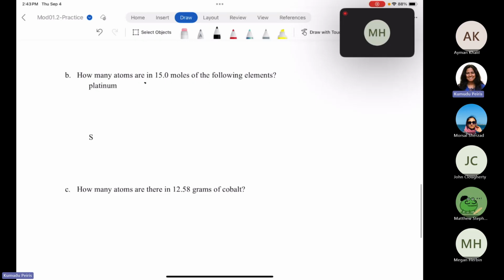Right. So as I have started with, 1 mole has 6.022 times 10 to the 23rd atoms.